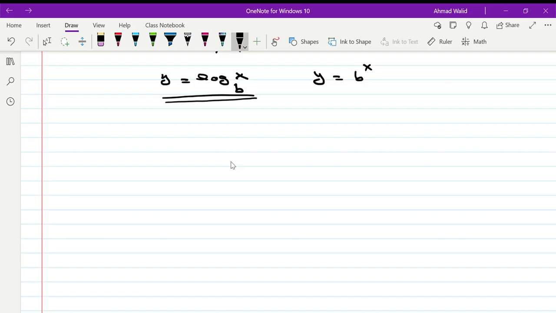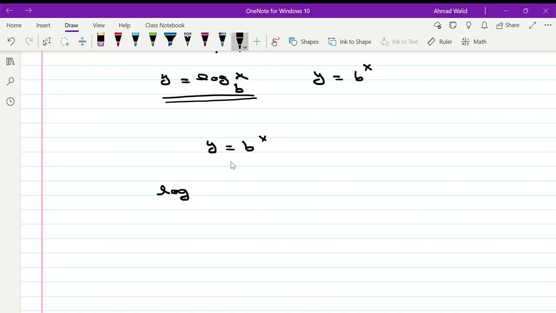Now, if someone gives you an exponential function, for example, y equal b to the power of x, and they ask you to rewrite this function in logarithmic form, which way can you rewrite this exponential function as a logarithmic function? There are different methods. In your book, they used a circle method, but I'll explain here in a different way for you. To write an exponential function as a logarithm, always put the symbol of logarithm, which is log, correct?